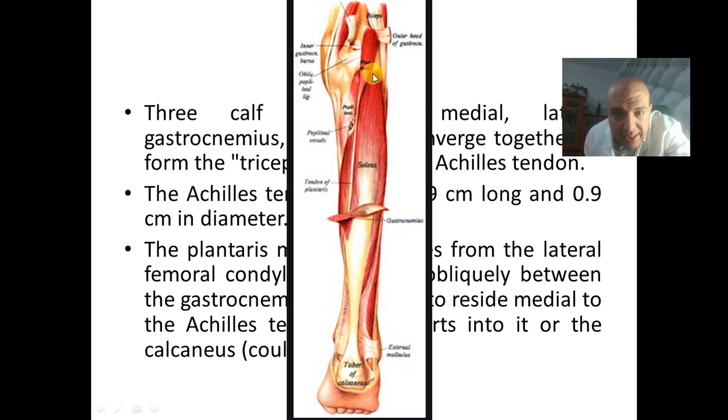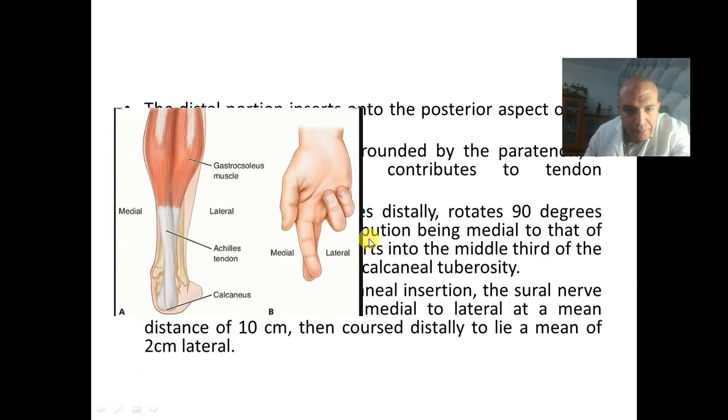This is the plantaris, coming from the lateral femoral condyle and passing medially. The insertion of the Achilles tendon is to the posterior calcaneus, as I inform you, soleus and gastrocnemius.